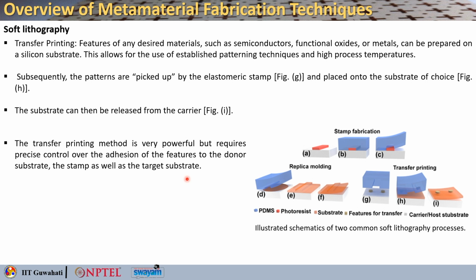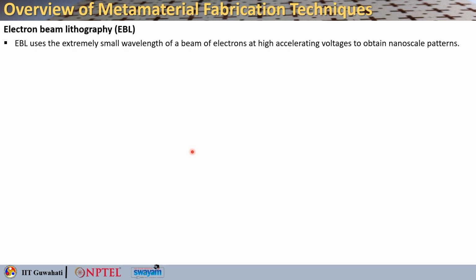Additionally, these techniques are suitable for a wide range of structure sizes and enable patterning on non-planar surfaces as well. The last technique we will be discussing today is EBL, E-beam lithography.